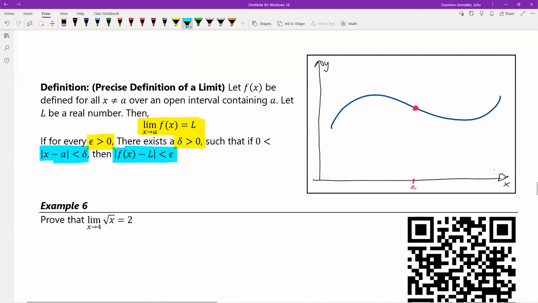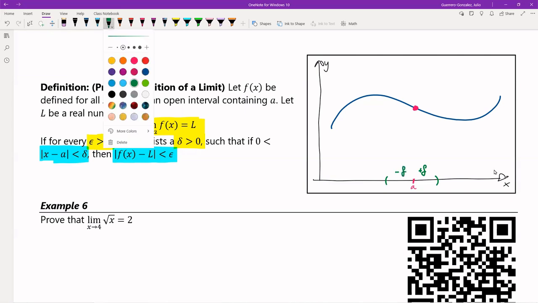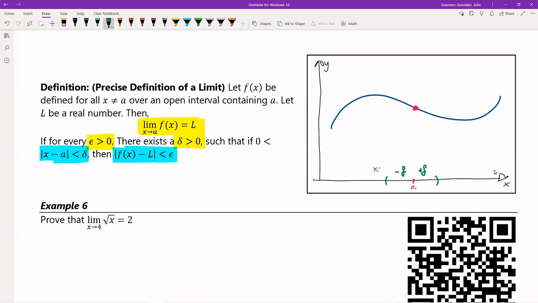So what we're saying is this, that I can choose a delta. This is plus, this one's minus. So what I have here is x minus delta, x plus delta.